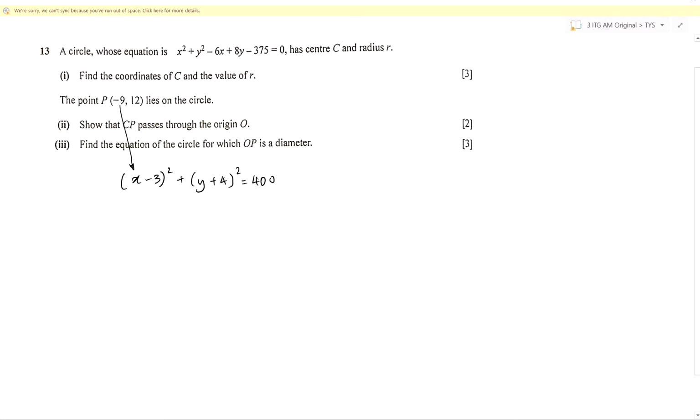We can substitute the y value in. Okay, so we can substitute this value of 12 inside here, and we'll find out that the left hand side equals to 400, which is equals to right hand side. Okay, so this will allow us to verify that this particular set of coordinate indeed lies on the circle. But in this case, it is not necessary because there's no unknown for us to solve.